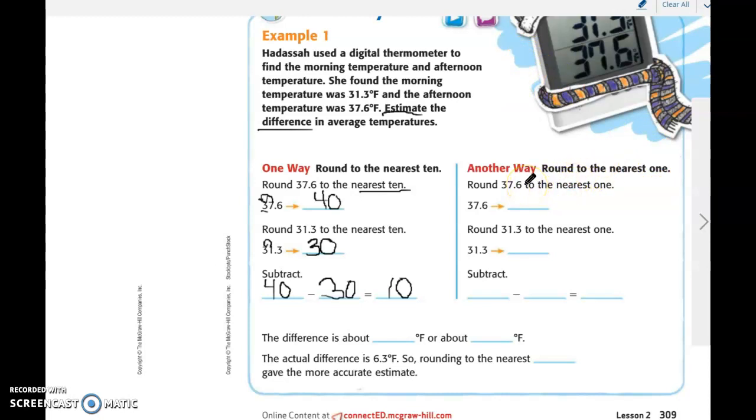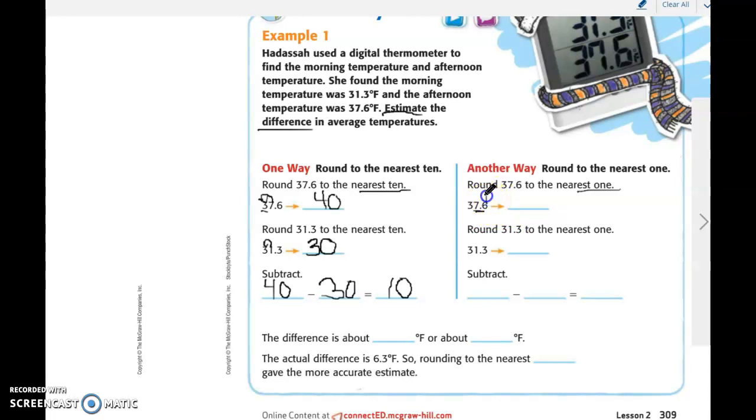And they're saying another way we can do it is to round to the nearest 1. So let's go ahead and round to the nearest 1. What number is in my 1 place? The 7. So just like we did in our practice, what number is going to tell it what to do?